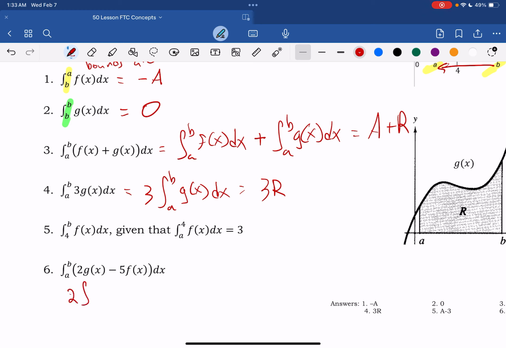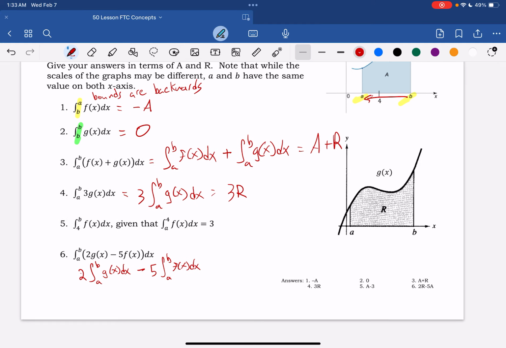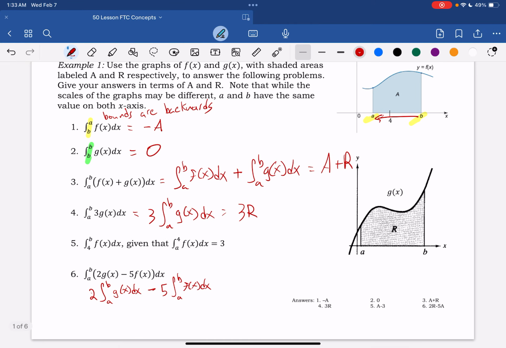So we can change this to be 2 times the integral from a to b of g of x dx, but then I'm going to subtract 5 times the integral from a to b of f of x dx, which in this case will be 2r minus 5a.